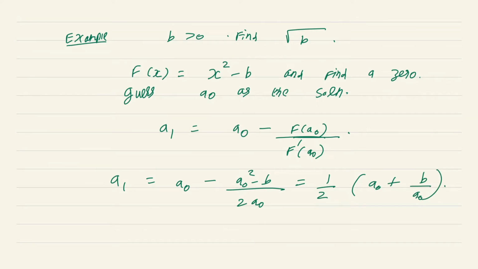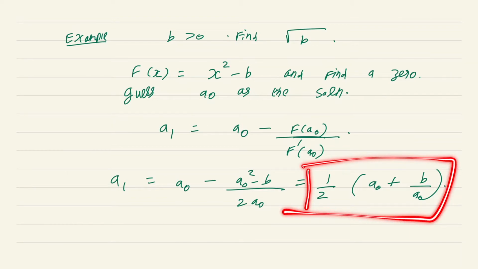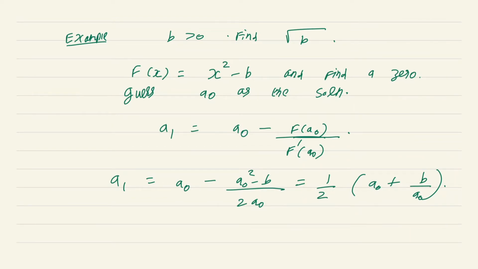So this is the divide and average method. Okay, start with an initial guess, divide b by a naught and take the average, and this is the better guess.